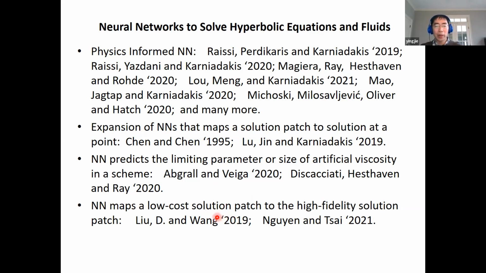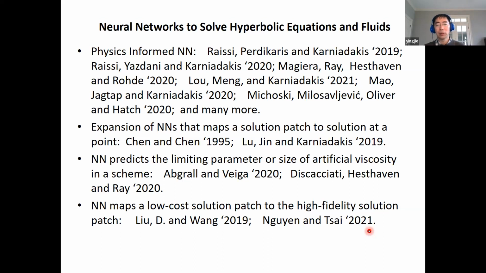The more closely related work to today's talk is using the neural network to map a low-cost solution patch to a high-fidelity solution patch. And this work, for example, was done by Liu and Wang in 2019 and Ray and Tai in 2021.